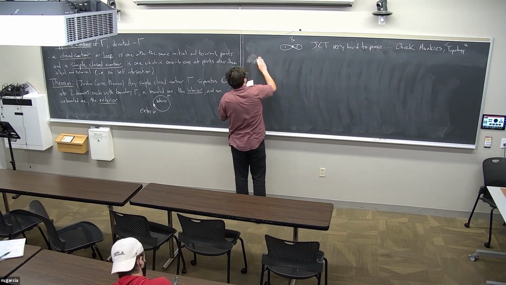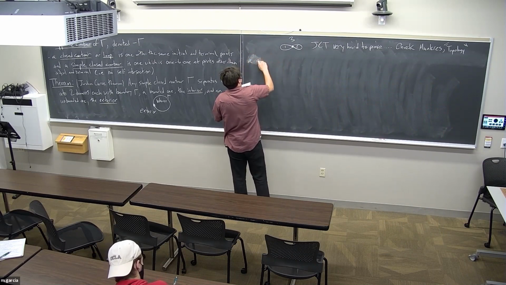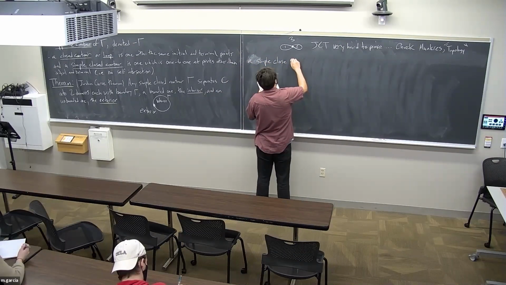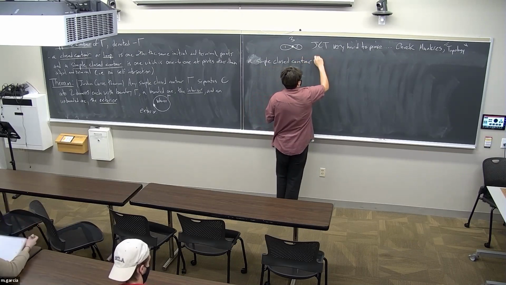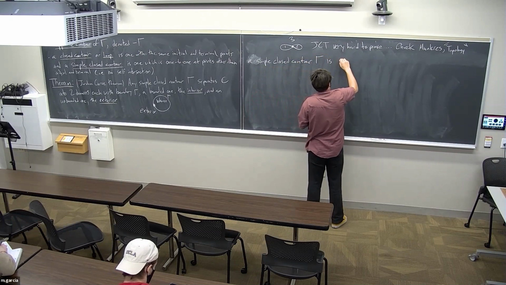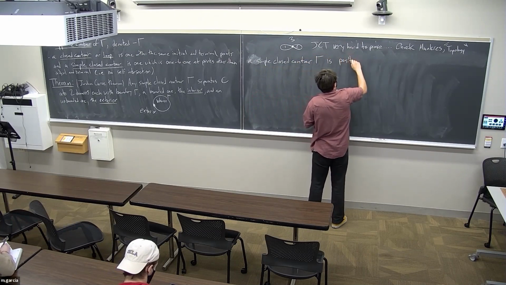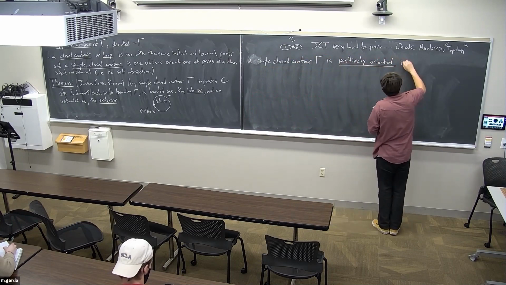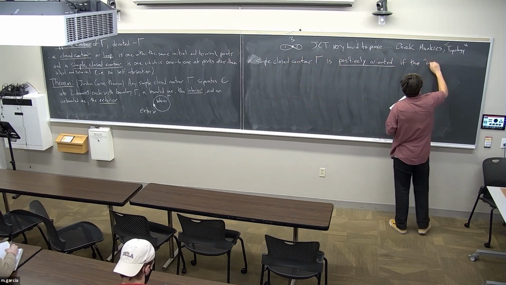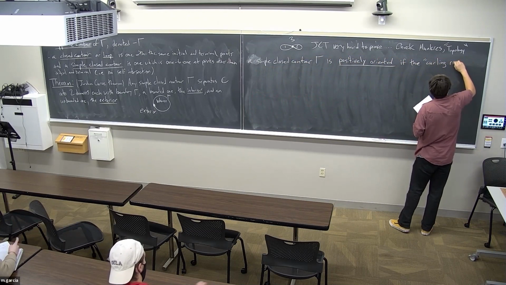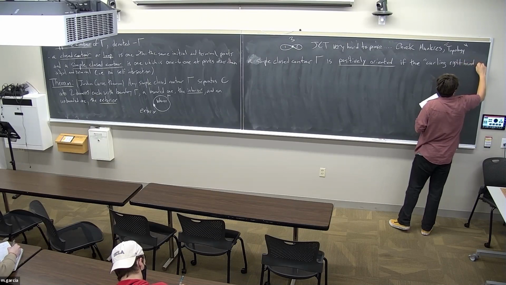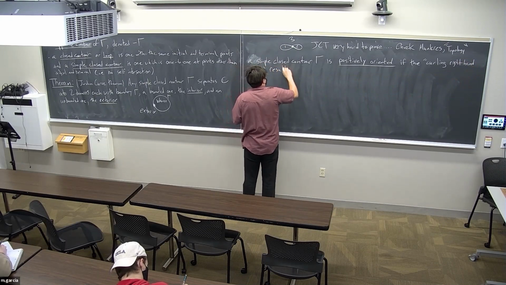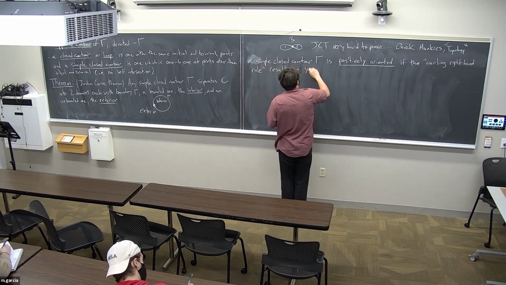I should say, a simple closed contour gamma is positively oriented if the curling right-hand rule results in your thumb pointing toward you.